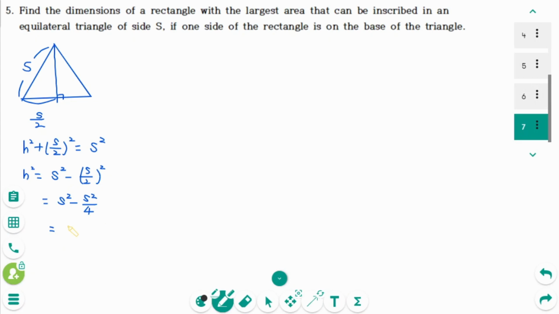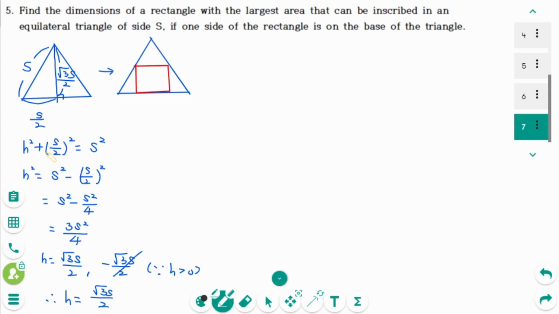We can rewrite as 3s squared over 4. Then h equals square root of 3 s over 2 or minus square root of 3 over 2 s. h is positive, not this one. So h equals square root of 3 s over 2. Then the height is square root of 3 s over 2.